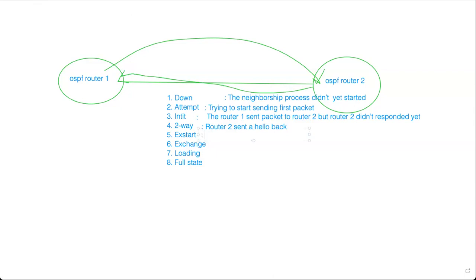Okay, Xstart state. In Xstart state, they both start negotiation by validating content.